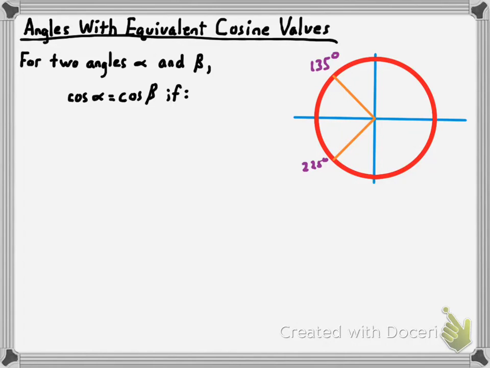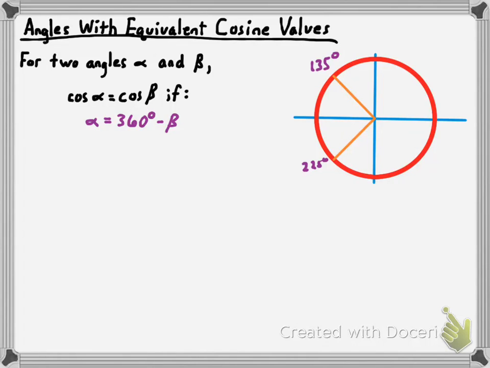So two angles, alpha and beta, would have the same cosine value if alpha plus beta equals 360. The way that I want to write it is that two angles will have the same cosine value if alpha is equal to 360 degrees minus beta.